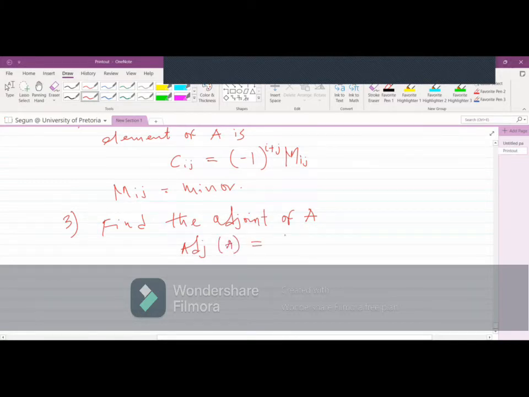It's the same thing as the transpose of C. Remember, you've calculated your C to be Cij, then find the transpose of it, which is equal to your adjoint.